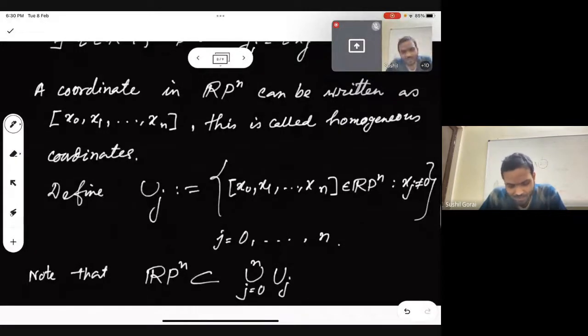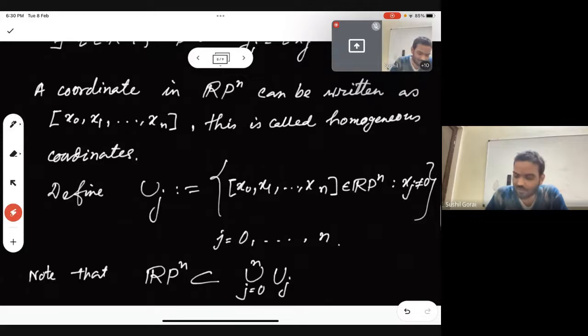Because any point (x0, x1, ..., xn) belongs to R^(n+1) minus 0, so not all of them are 0. One of them must be non-zero. Choose which one is non-zero and put it in that, and the image of that would give you this Uj.